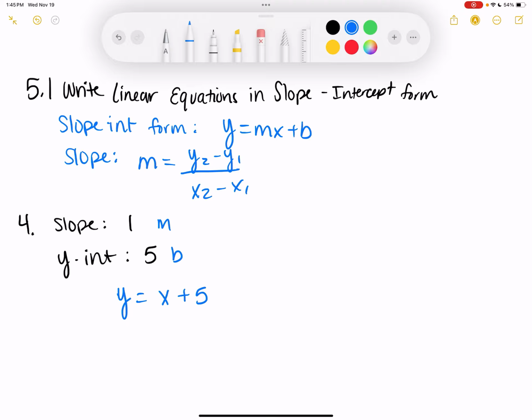That's 5x? I thought it was 1. Well, there's an imaginary 1 in front. I don't need to write the 1 because it's just 1. It's an understood 1 in front of a variable.